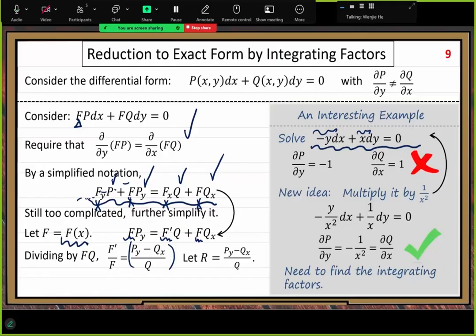So we define capital R equals this fractional structure, and we need to assume this time that R only depends on X. Otherwise, this direction fails.